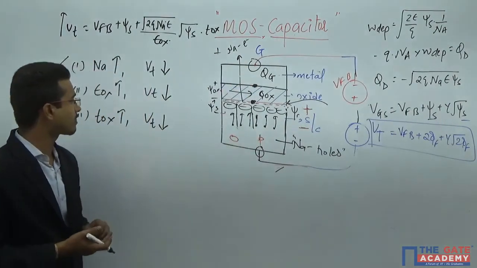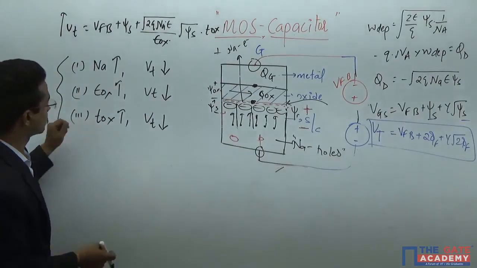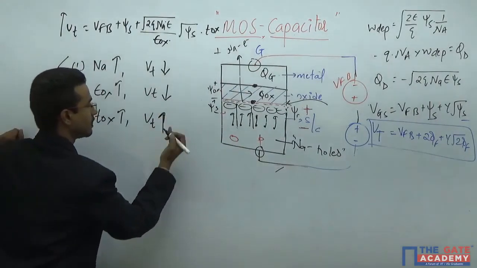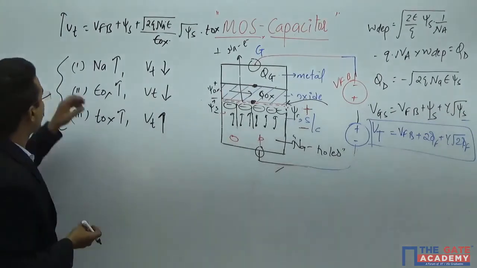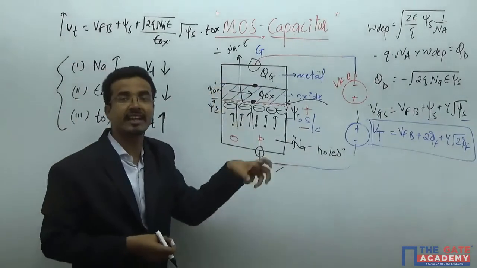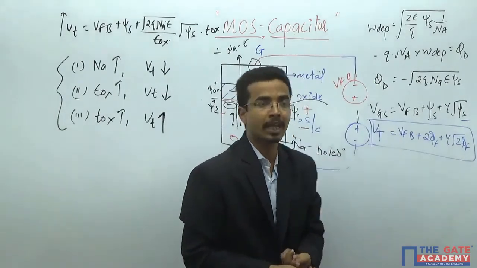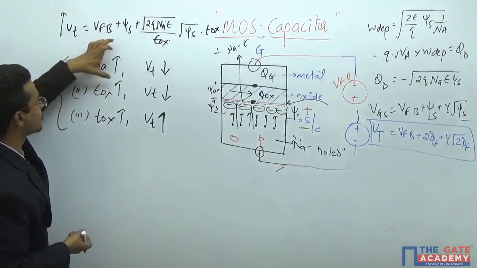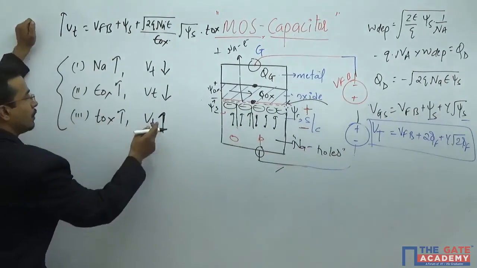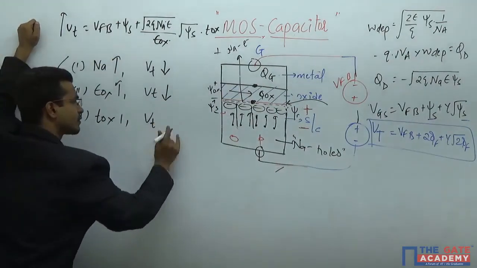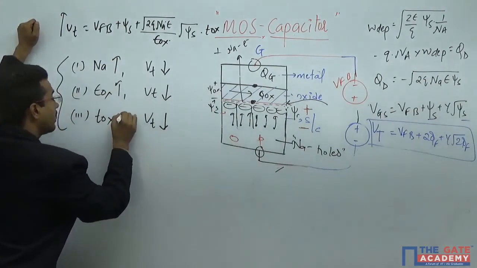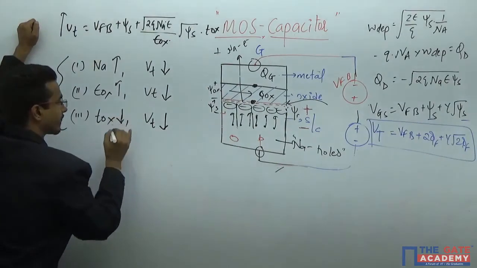And all the time you will try to reduce the values. All the time you want less voltage required to generate the opposite drive or charge carriers. So your interest should always be to decrease the value of the VT as much as possible. So to decrease this VT, what is required? You will decrease the value of the TOX.